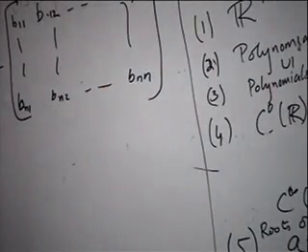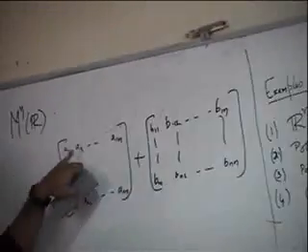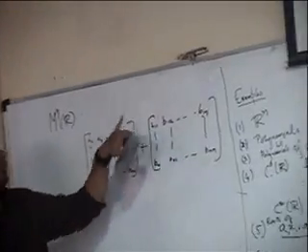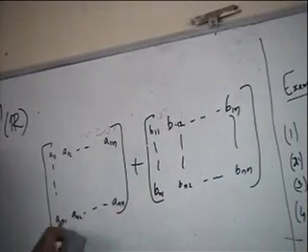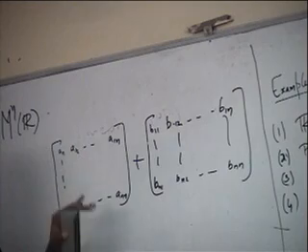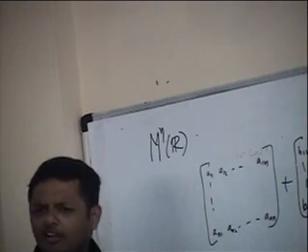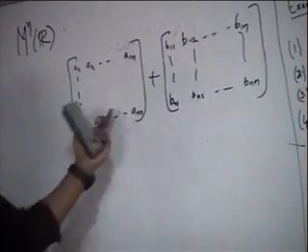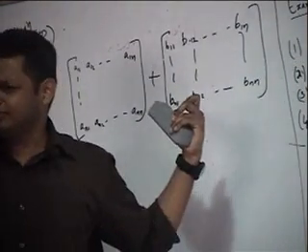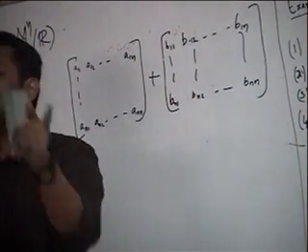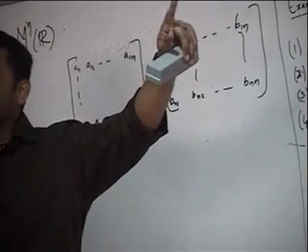So I add this again coordinate-wise: A11 plus B11, A12 plus B12, etc. up to A1n plus B1n. Similarly for all the others. So coordinate addition again gives addition for matrices. You also get scaling. So in some sense this is like Rn itself. It's just that we are writing it in a square shape rather than in a long line shape.